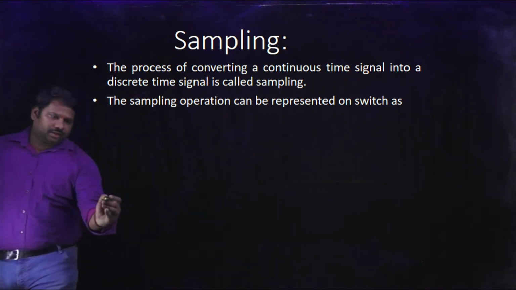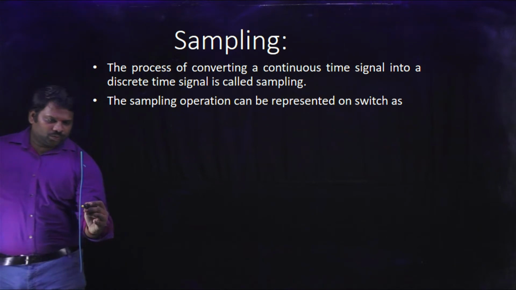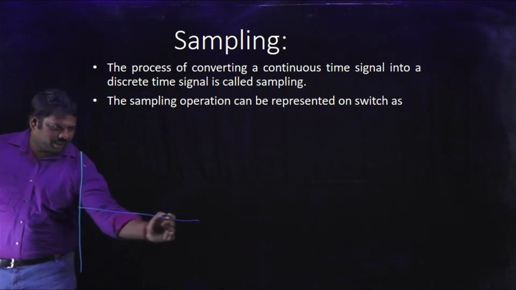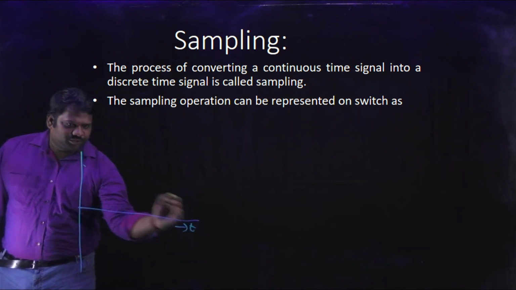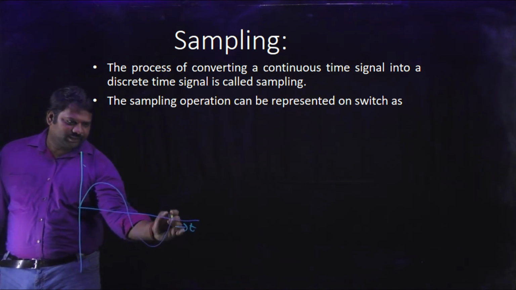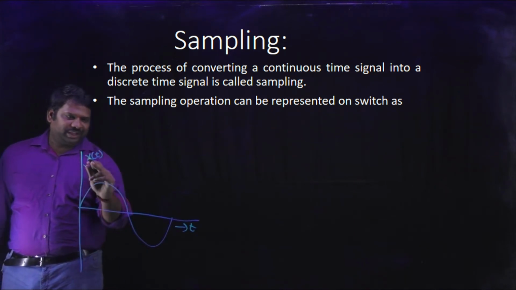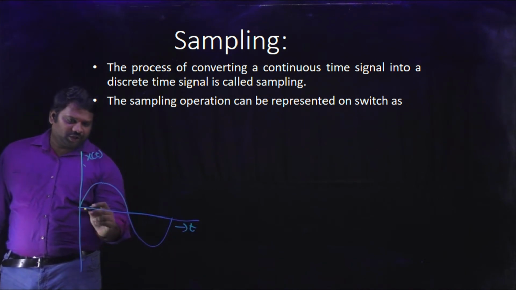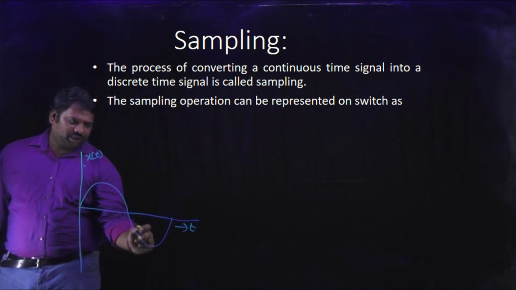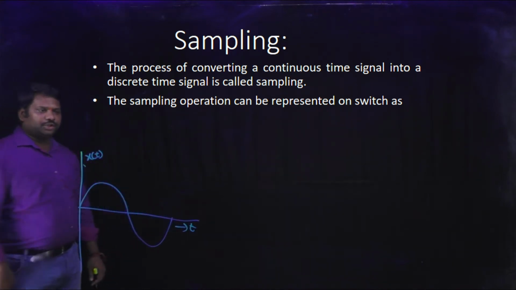Consider a continuous time signal, a sinusoidal signal, which varies with respect to t and is represented as x of t. That means for all the values of t, there is a particular value. That is nothing but a continuous time signal.